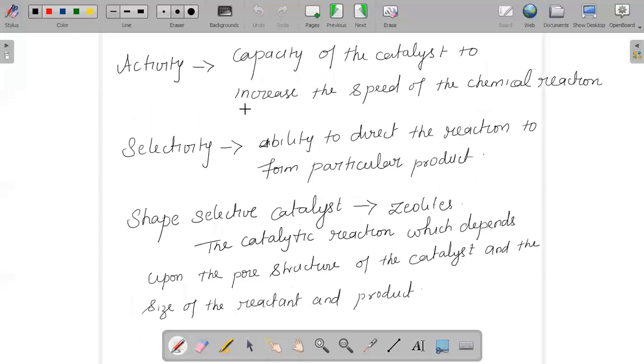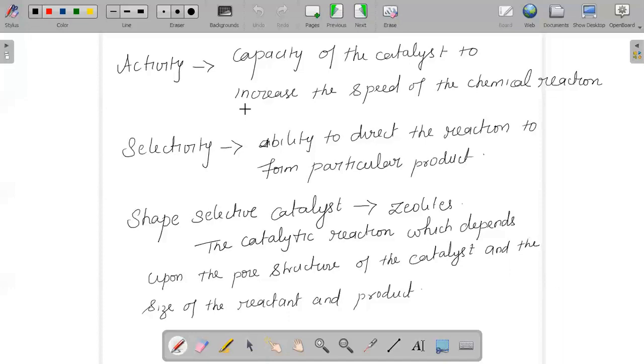And yes, of course, what is the mechanism of catalytic activity? It is simple: diffusion of the reactant towards the surface of the catalyst, adsorption of the reactant molecule on the surface of the catalyst, and then occurrence of a chemical reaction between the reactant and the catalyst.